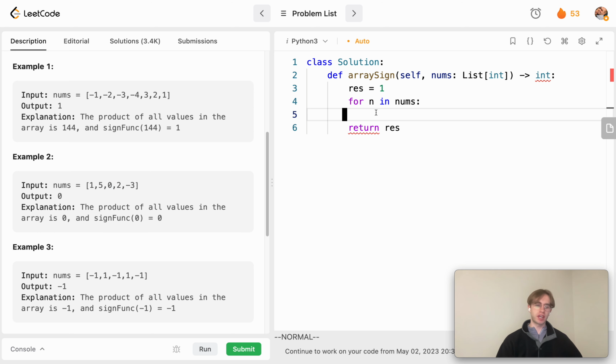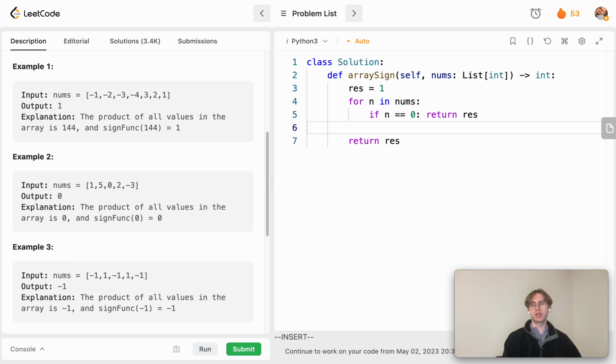And so we can say, okay, if our number is 0, then let's just immediately return 0. Okay, and so that's the first case, and it's quite simple. So once you encounter that 0, you say, okay, no matter what we see here, we're always going to return 0, so let's just stop there and return 0.